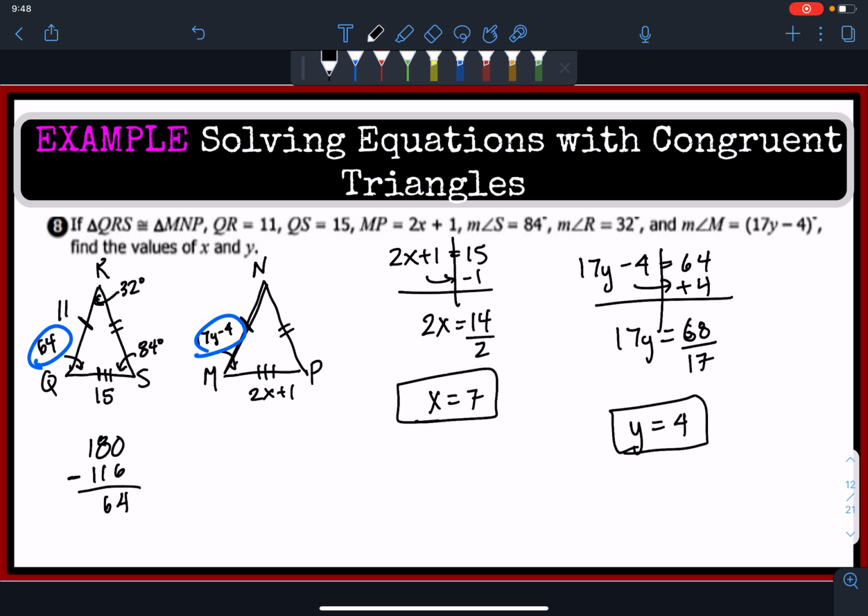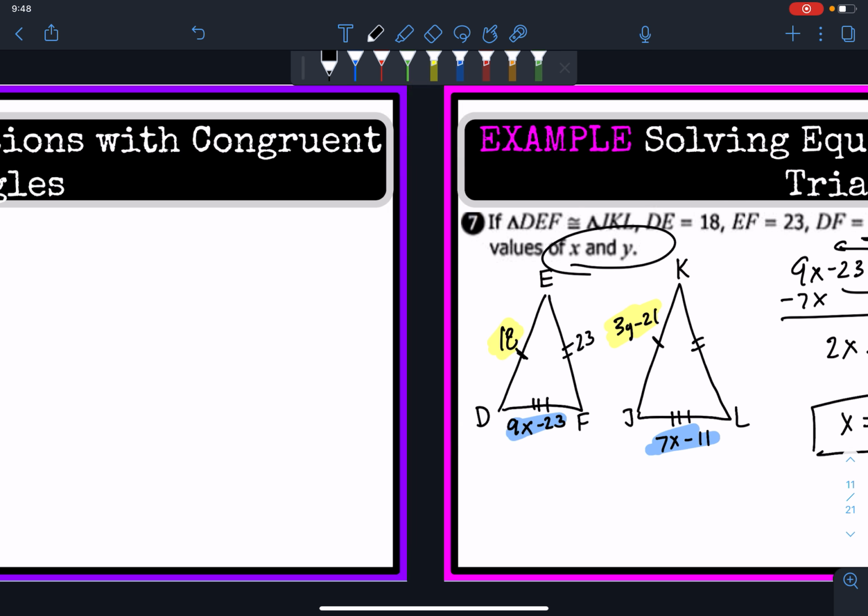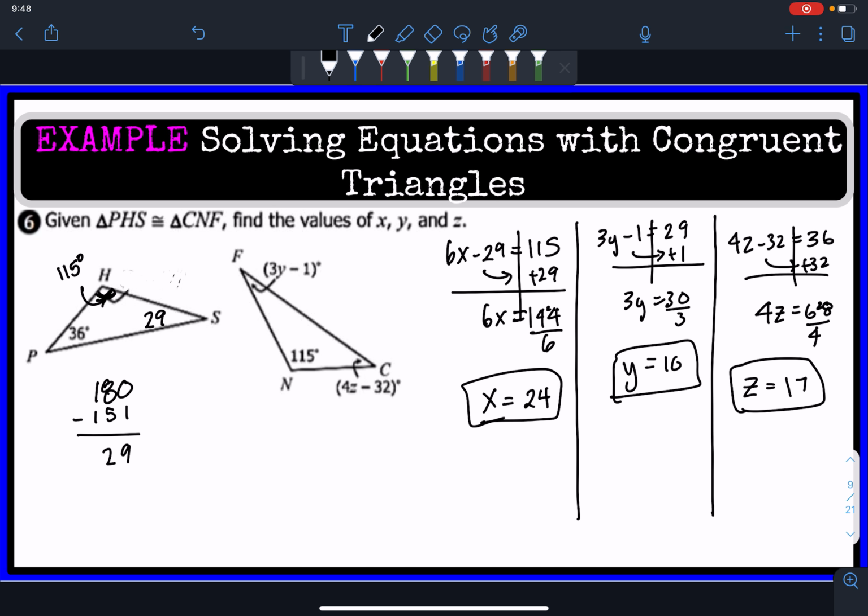Alright, so that concludes the examples on how to use congruent triangles to set up equations and find missing angles like we did in the prior examples. So we can set up equations because corresponding parts on congruent triangles are congruent.